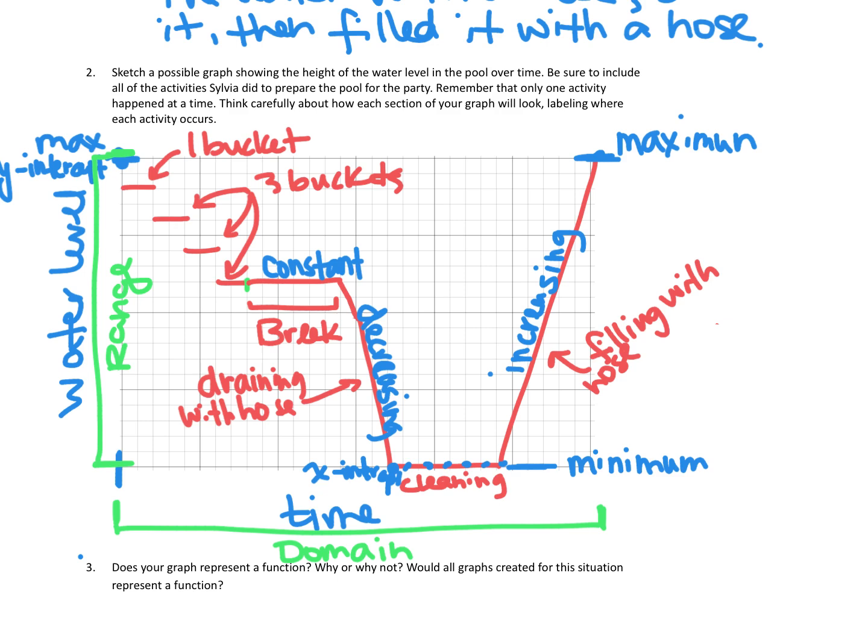I would say right here, right here, right here, right here, it is continuous. I forgot to write over here where they're cleaning that is also an interval where the slope is constant. So let me add that right here. Constant.